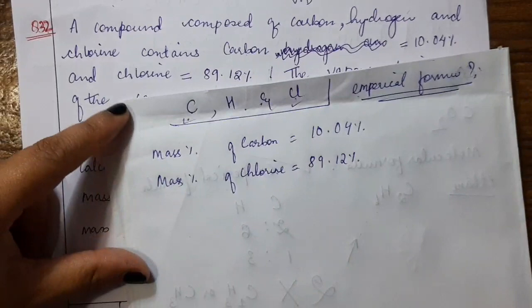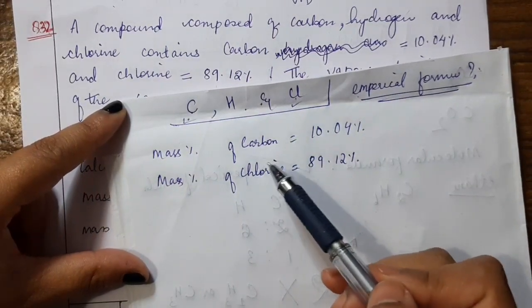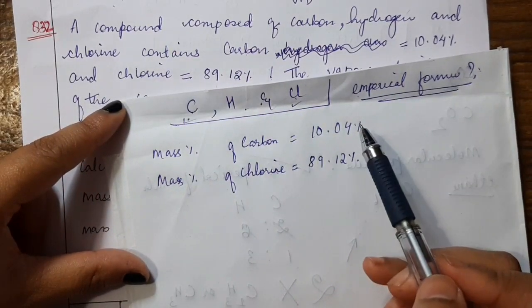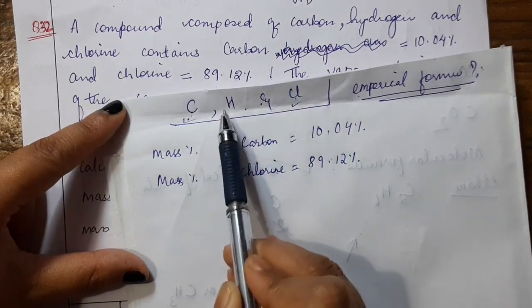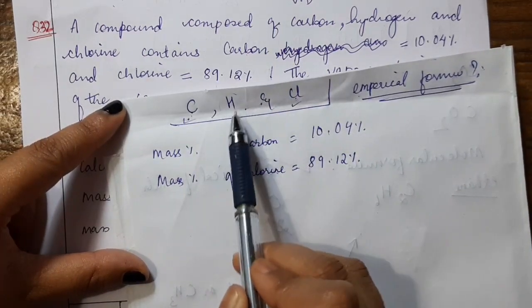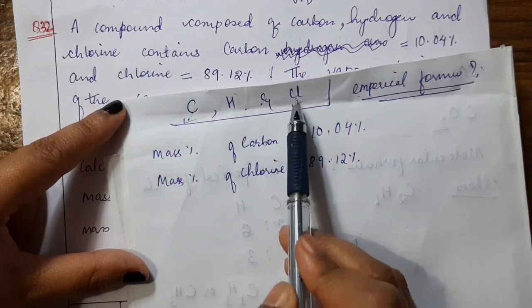We can easily find out how, because you know very well, mass percent means out of 100. If carbon and chlorine are given, the third one would be 100 minus this plus this.